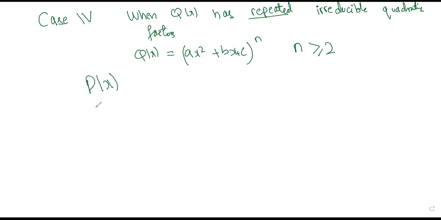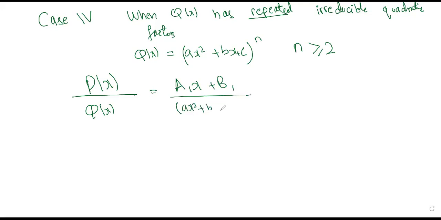P of x divided by q of x can be written as a1x plus b1 divided by ax square plus bx plus c, plus a2x plus b2 divided by ax square plus bx plus c whole square, and so on till the last term, right?